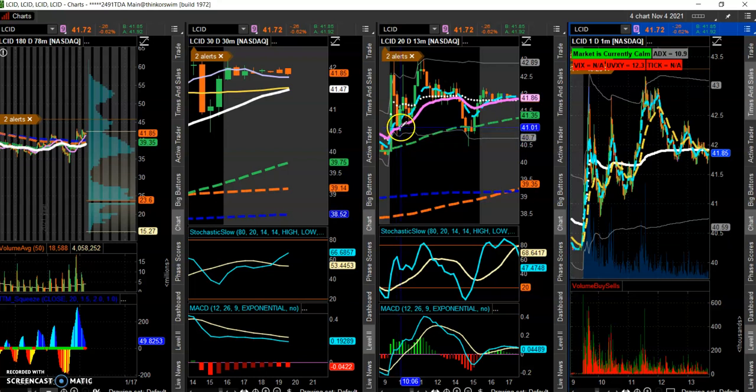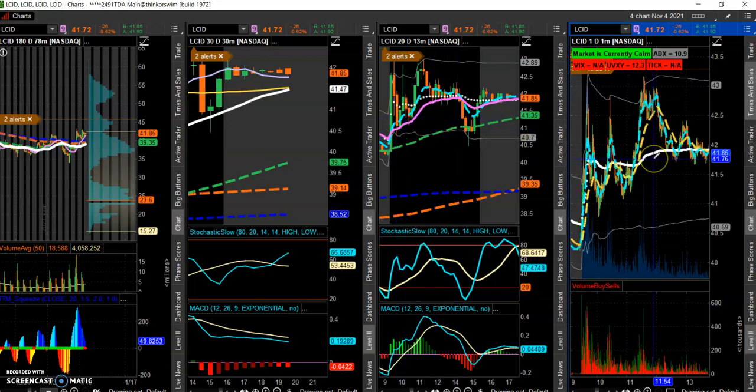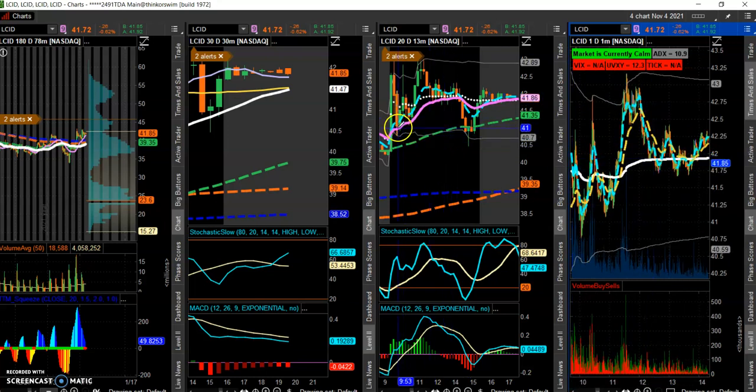Then that gave us an opportunity, once we hit the next candle, to take a long position back to the upside. We see this nice consolidation right here after it retests the low, and then a breakout to the highs. I think the high of day was around 43.01.